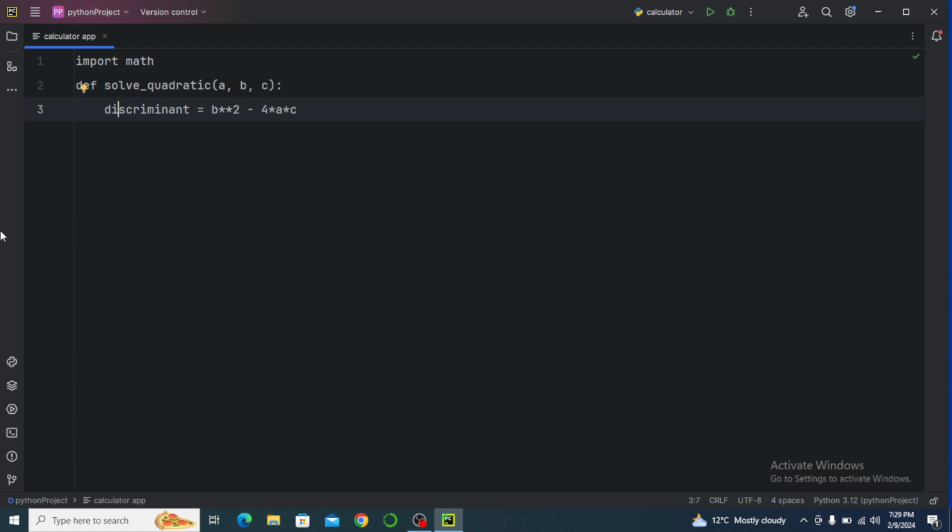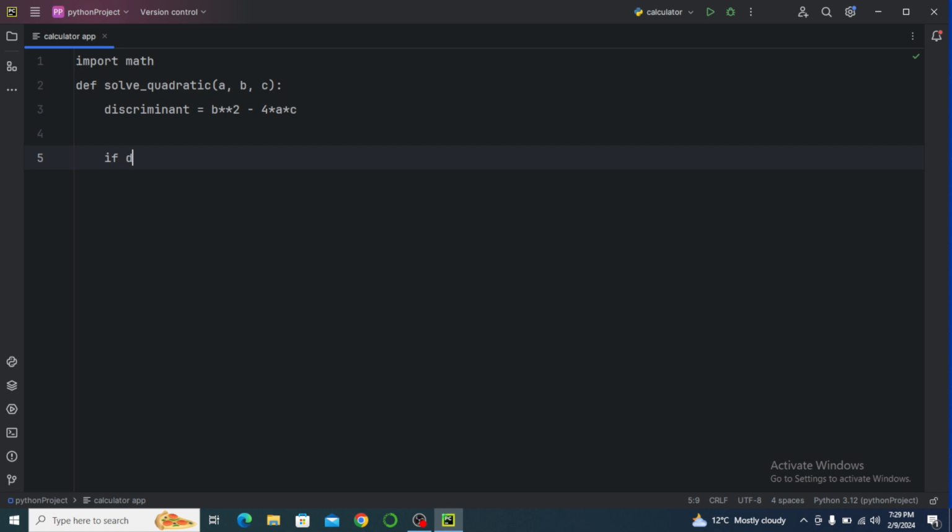We're going to first take minus b plus the root of b squared minus 4ac over 2a, and then minus b minus the root of b squared minus 4ac over 2a. We're going to do that shortly. Let's continue from here and use the if statement.